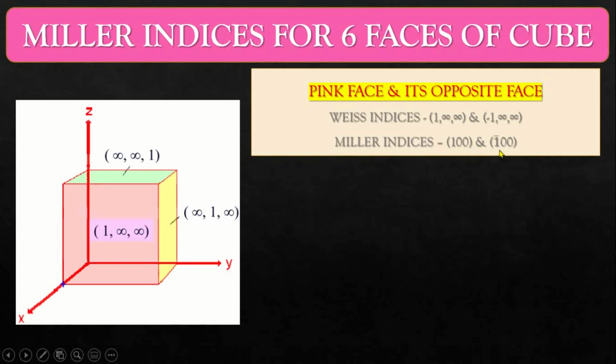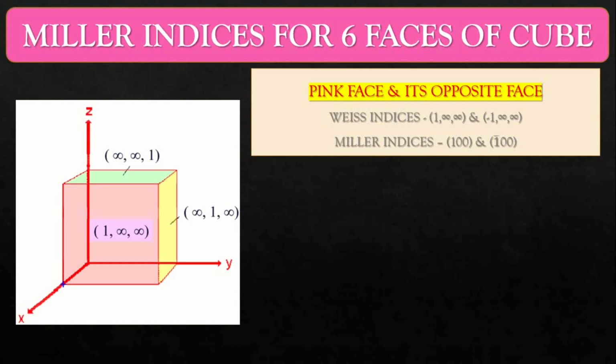Now why are we writing 1 bar here? According to the conventions of notation used in crystallography, a negative intercept in Weiss indices has to be written with a bar. Say if it is -2, then we write it as 2 bar. If it is -1, we write it as 1 bar. If it is -3, then we write it as 3 bar.